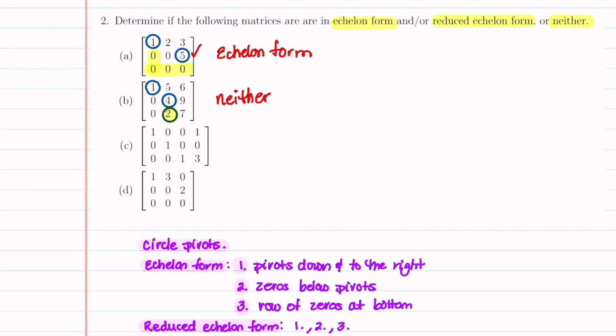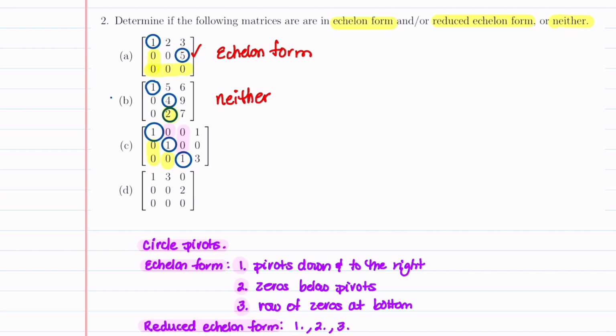Let's now look at our matrix C. We'll circle our pivots. We have a pivot here, here, and here. Now let's look at the zeros below the pivots. We have a 0 here, here, and then notice that we also have zeros above our pivots, and our pivots are all equal to 1.